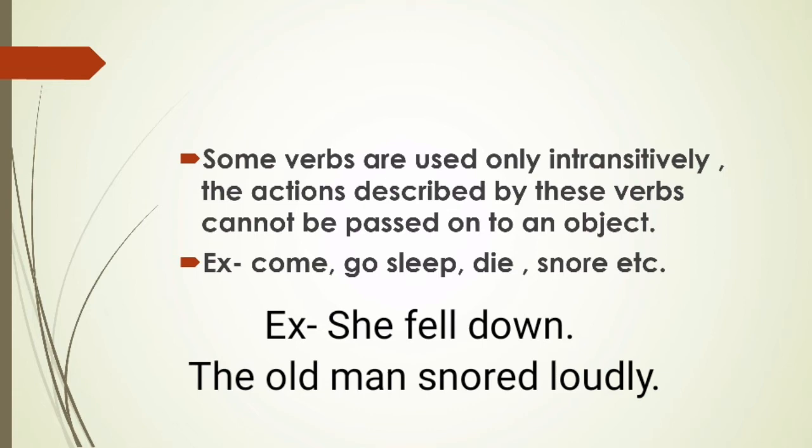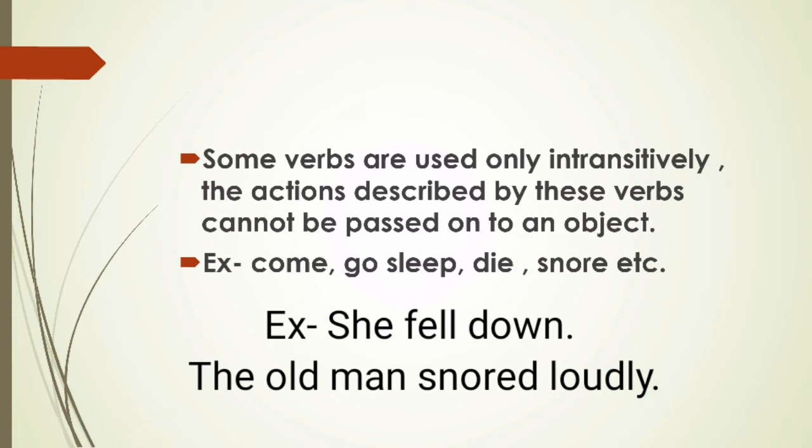So in these, actions cannot be passed on to an object. Let's take the example: She fell down. In this, fell is the verb, right? But there is no object in this. We can't ask fell what. If we ask fell what, we won't get any answer, right? So there's no object. That's why it's intransitive.